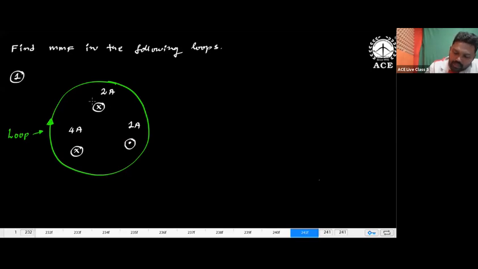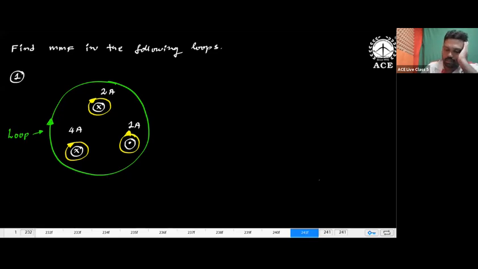Its corresponding magnetic field is like this. Here it is like this. Here it is like this. So if the magnetic field associated with the current carrying conductor and the loop direction are the same, consider that current as a positive current, otherwise negative current.